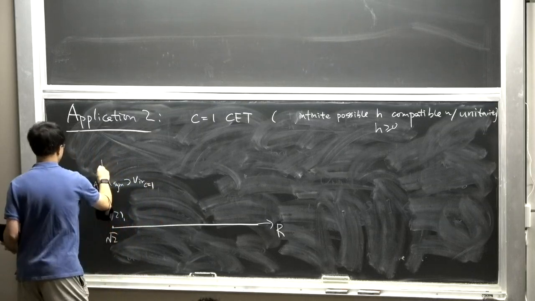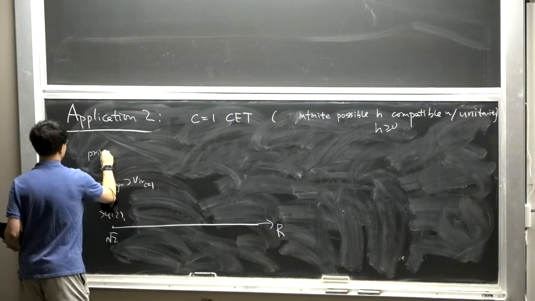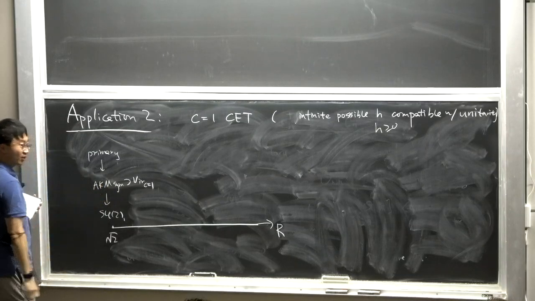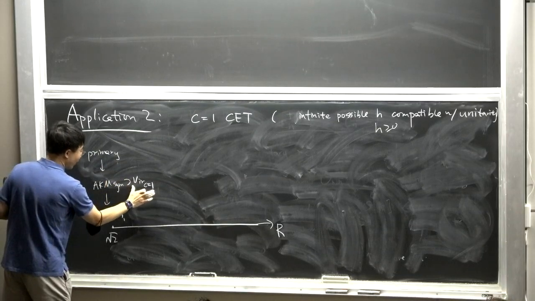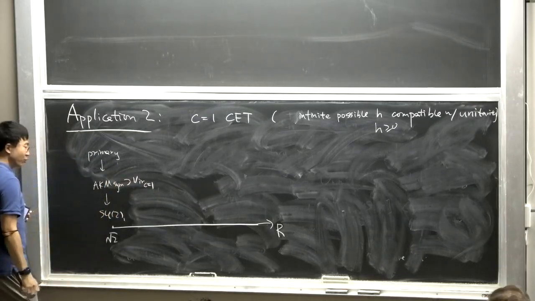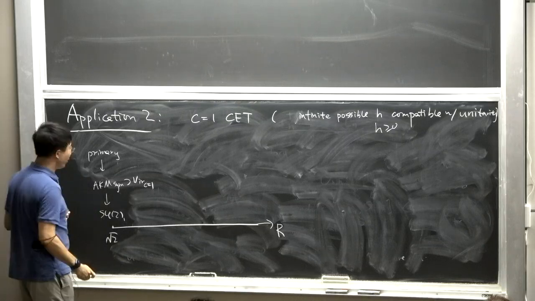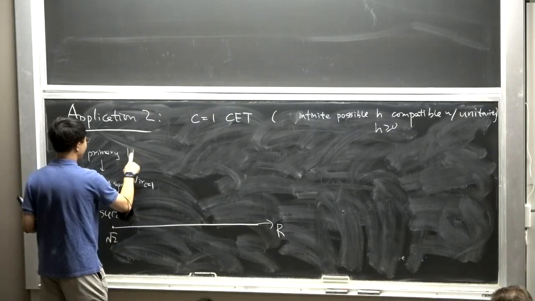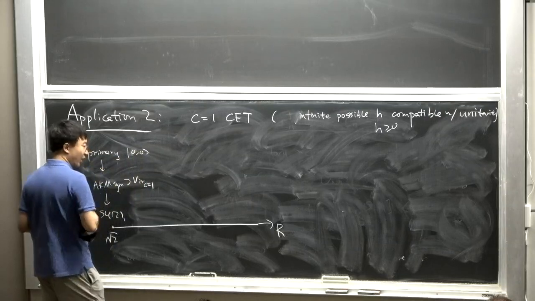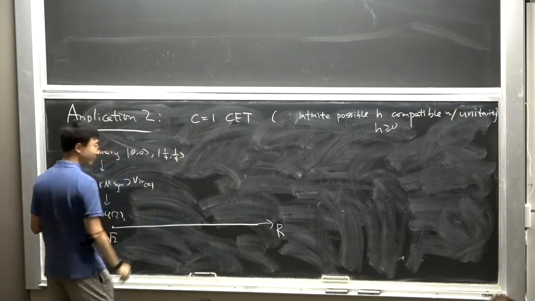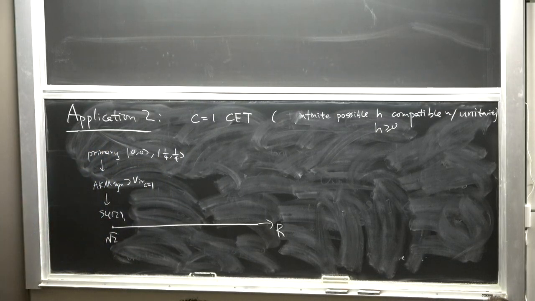Correspondingly, there are again a finite number of primaries with respect to this enhanced symmetry. Even though there are an infinite number of primaries with respect to the Virasoro symmetry, because of the enhanced symmetry you can reorganize your spectrum and find a finite number of primaries. They are labeled by conformal weights h and h bar equal to 0 and 0, that's the vacuum, and just one other primary operator with h and h bar equal to 1/4. And you'll hear more about this model and this interesting symmetry structure from Nati tomorrow.